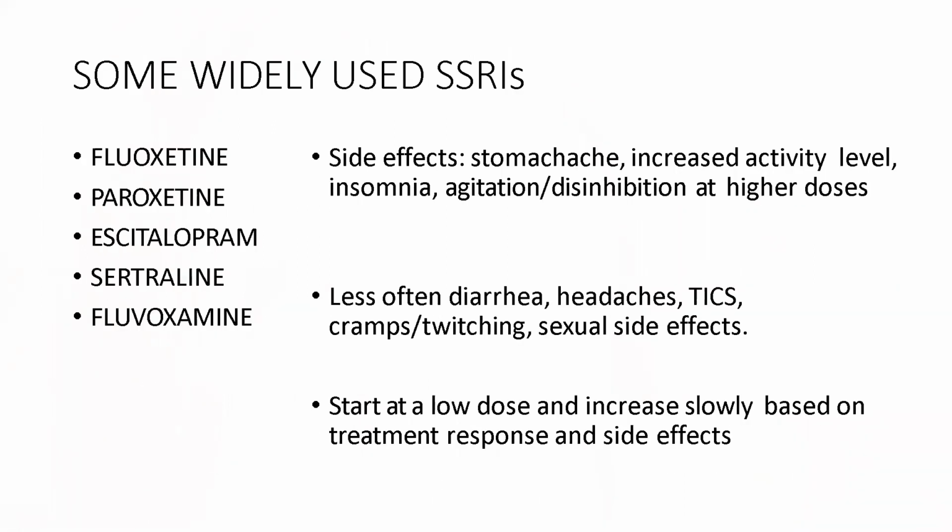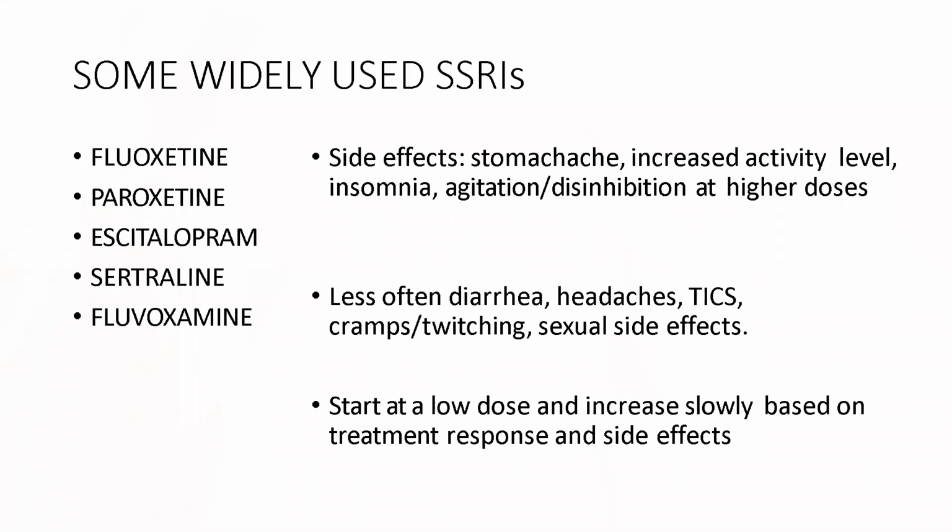Okay. So some of the widely used SSRIs are fluoxetine, paroxetine, escitalopram, sertraline, and fluvoxamine. Even in the other classes, we have seen a lot of difference between these drugs. The side effects are commonly stomach ache, increased activity level, insomnia, agitation, and also disinhibition at higher doses.